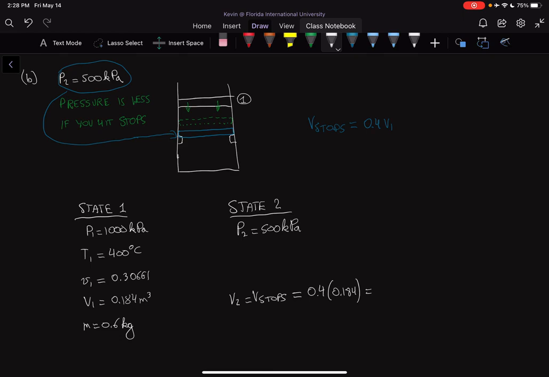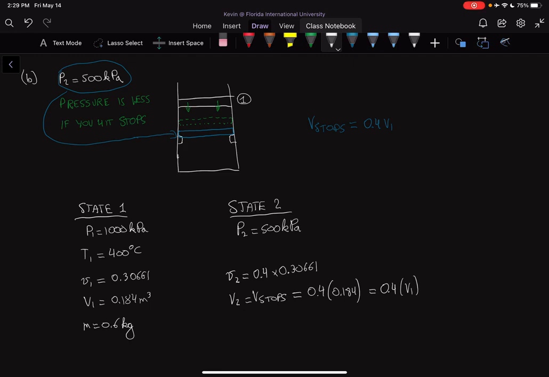We're going to leave it in this format. We'll say that V2 is just equal to 0.4 times V1, and we'll see why. Okay, and we'll look at how we can use that. What that also means is that little v2 is equal to 0.4 multiplied by 0.30661.